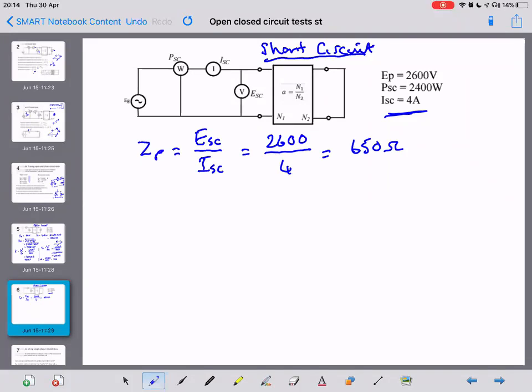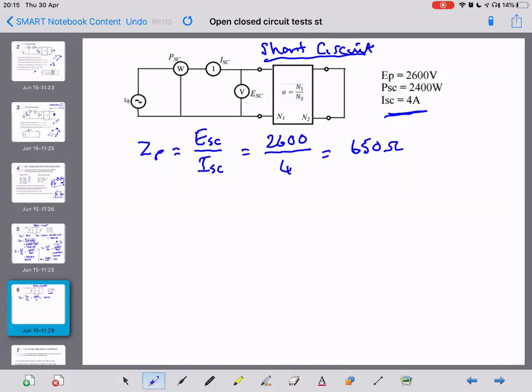Is that supposed to be ESC? On the diagram on my iPad it's E primary. That's E primary when the secondary is short circuited. I agree that's probably a little bit confusing, but that was how I took it from a book.